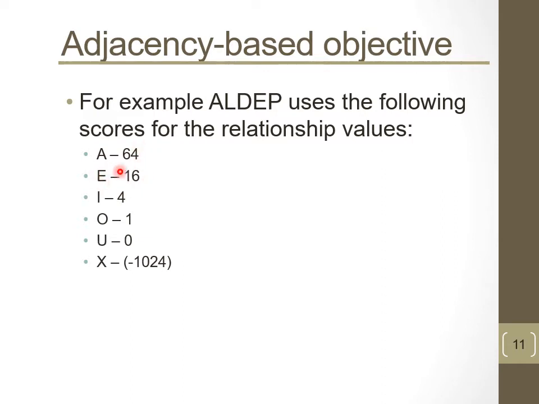For E, it assigns 16. So in your activity relationship chart, whenever you see an E relationship, you replace it with 16. Again, for important, it uses 4. For ordinary important, it uses 1. For unimportant, it uses 0. And for X, which is undesirable, it uses a penalty. Since it's a penalty, it uses a negative value, and it assigns a very huge penalty for X relationships.